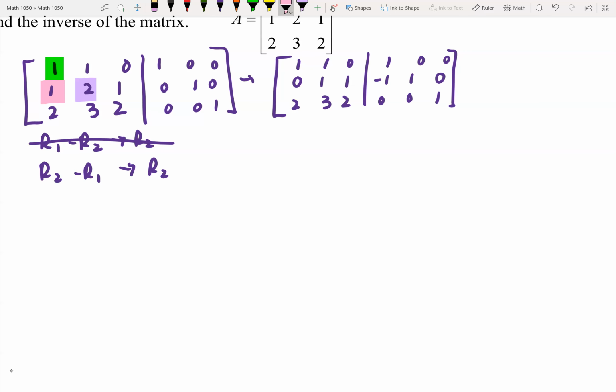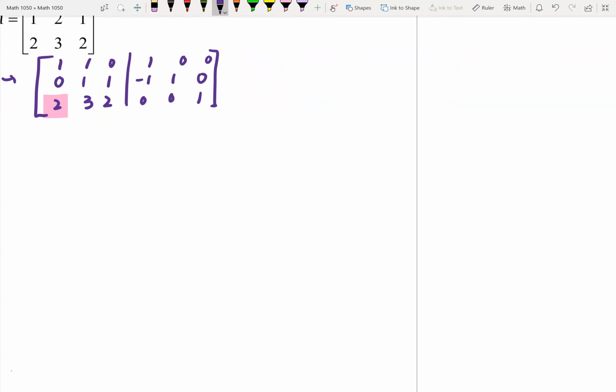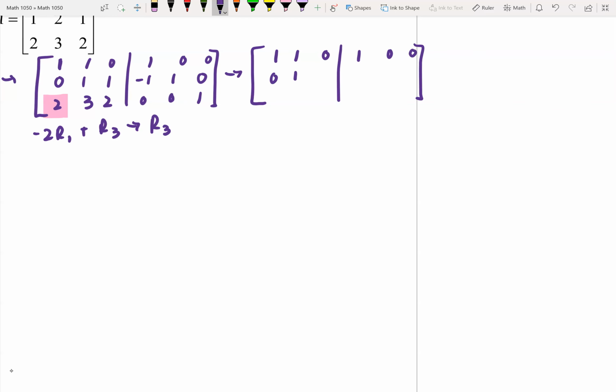The next thing I need is to get a 0 right there. Use the what? Use the 1, right? So we're going to go negative 2 times row 1 plus row 3 becomes my new row 3. So row 1 doesn't change. Row 2 doesn't change.